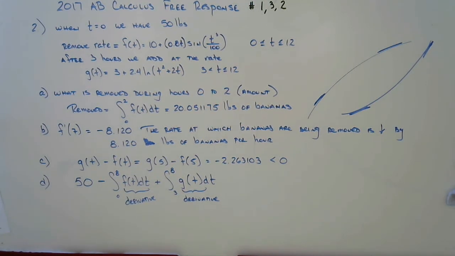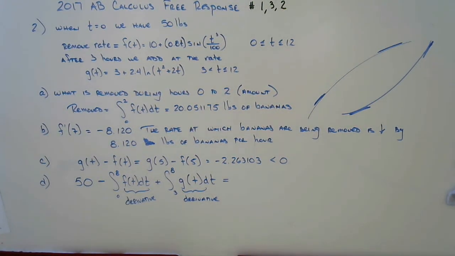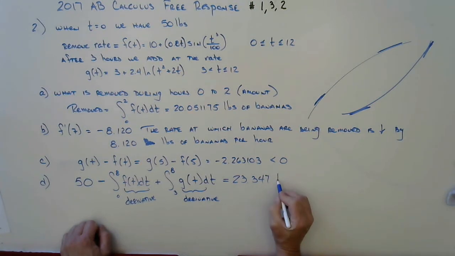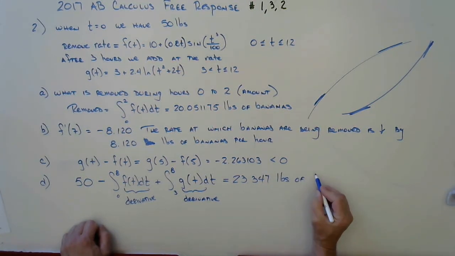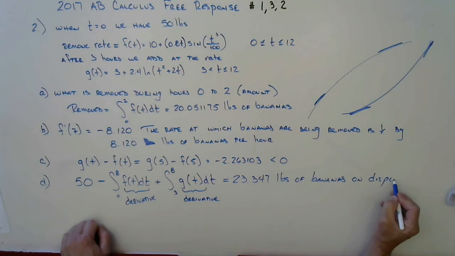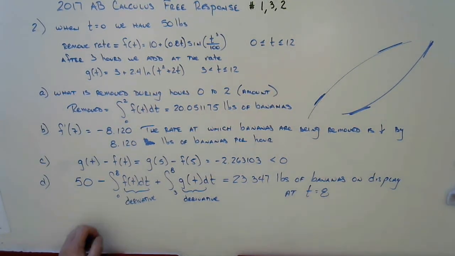So that's the formula that tells me the amount of bananas on the table. And when we do that, it's a calculator problem. We get 23.347 pounds. So 8 hours after the store opens, we only have 23.3 pounds of bananas left on our display.